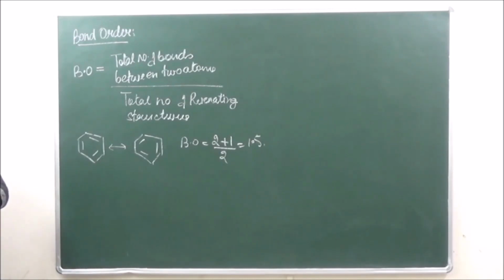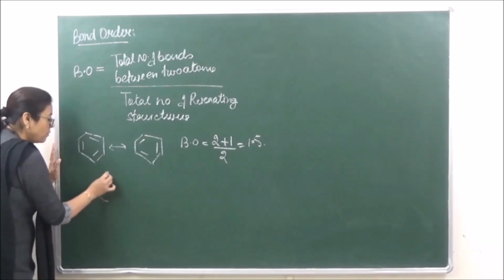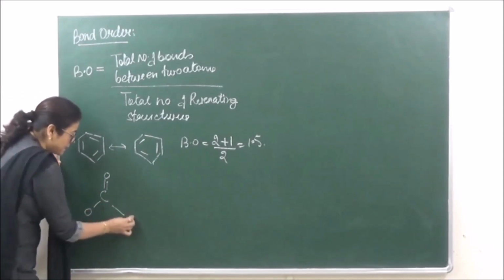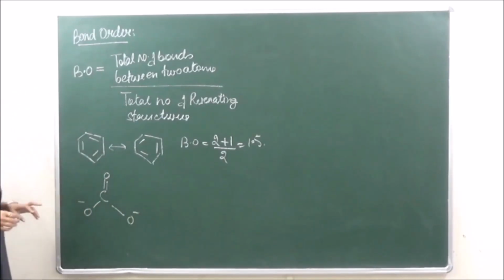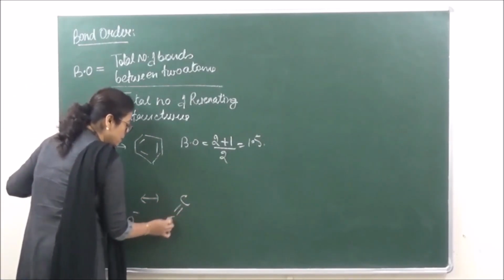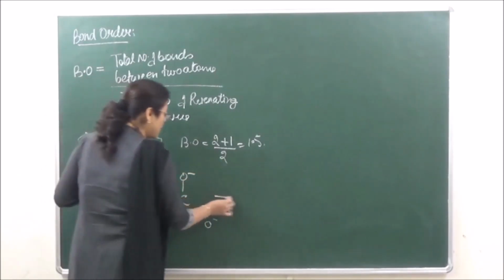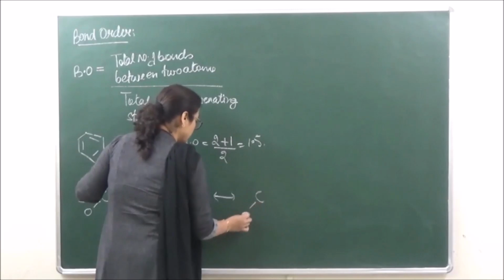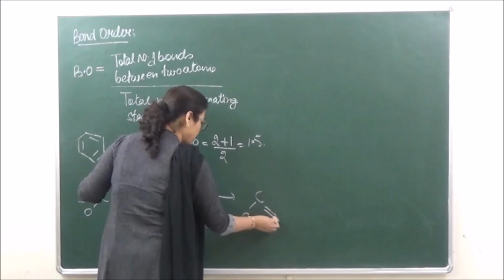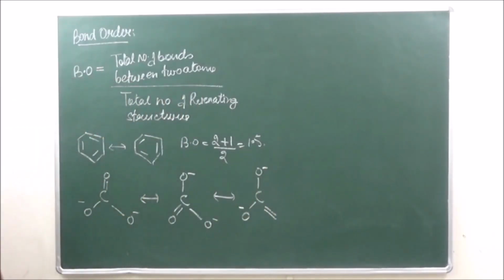ठीक है, similarly let's take another example over here. हमारे पास carbonate ion है. So carbonate ion का जो structure है, this is the structure if you're drawing the resonating structures over here, and then another one. ठीक है, so we're calculating the bonds over here.